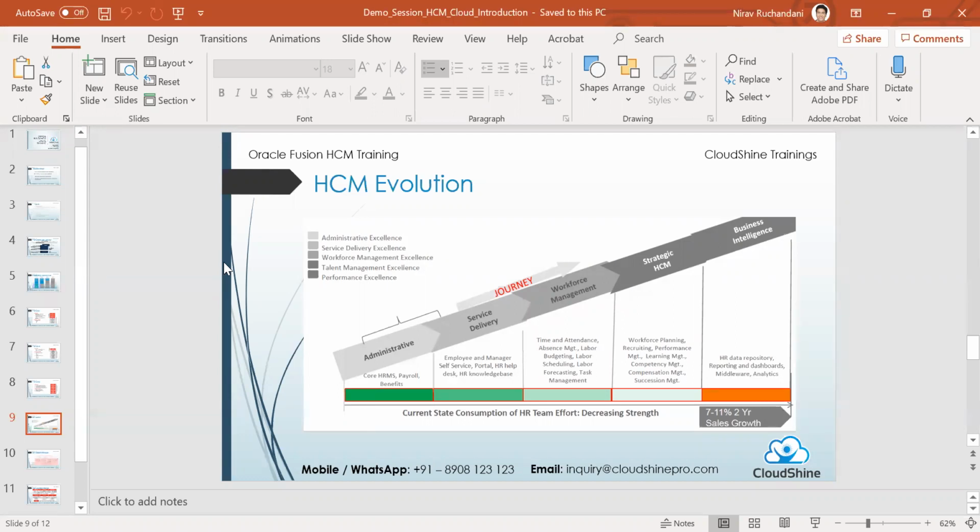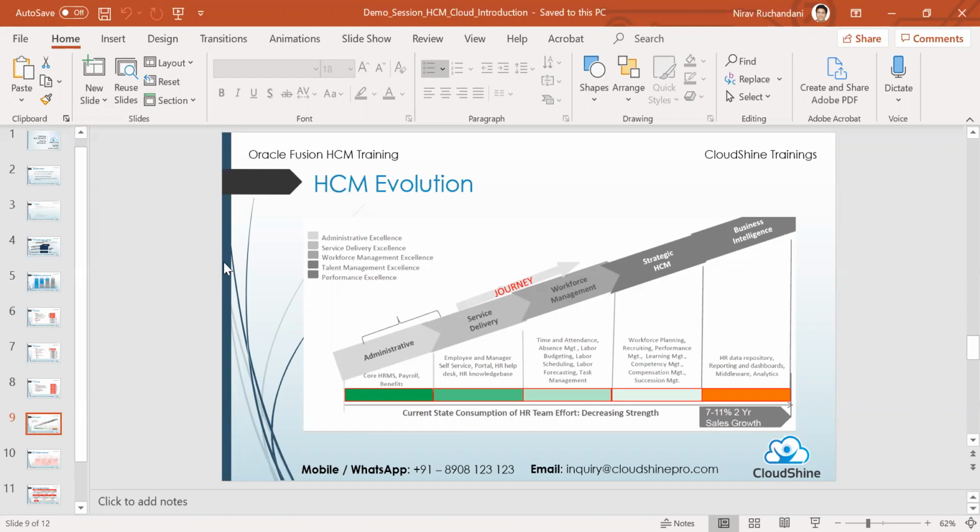For example, his salary, his employment type, etc. And then the benefits, for example, additional benefits with regards to gratuity, insurance, etc. So initially, it was more of an administrative solution which the HR team used to manage. There were dedicated HR folks who were responsible just for maintaining this data.